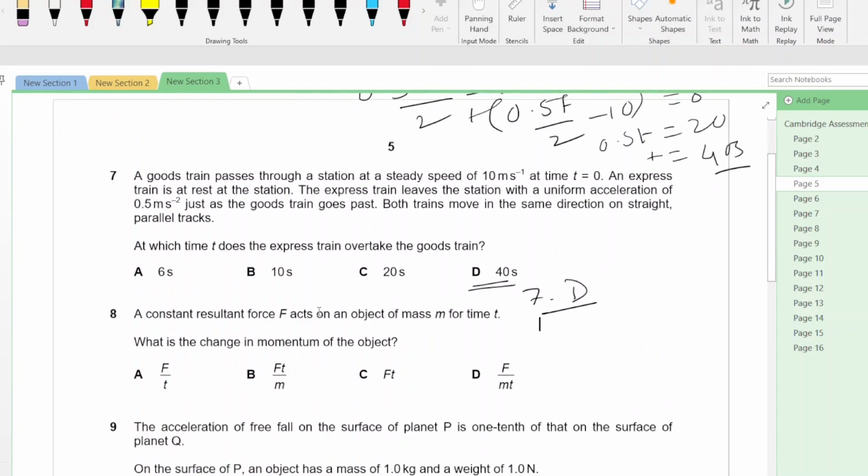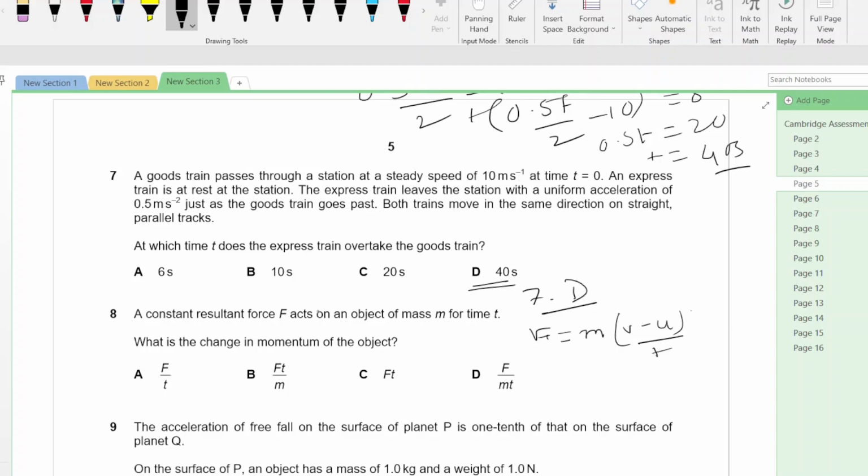At question 8, a constant resultant force F acts on an object of mass m for time t. What is the change in momentum of the object? From Newton's second law, we know that force equals mass into acceleration. The acceleration can be written as v minus u by t.